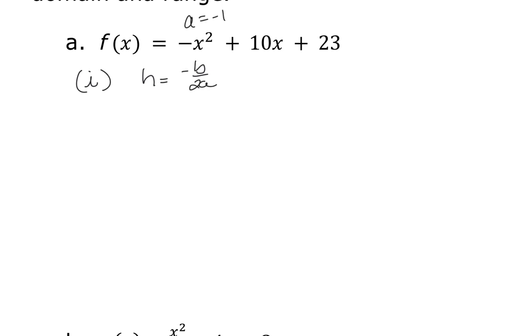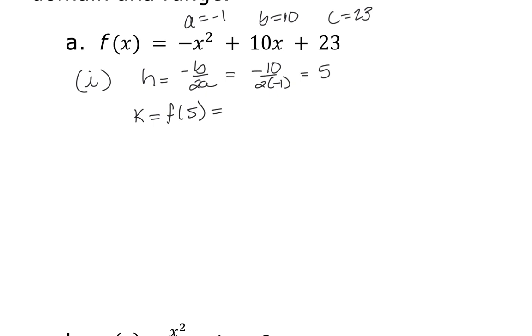A is -1, B is 10, and C is 23. So this is -10 over 2 multiplied by -1, and so I end up with 5. To find the k part, this is f of 5, or f of h if you like.